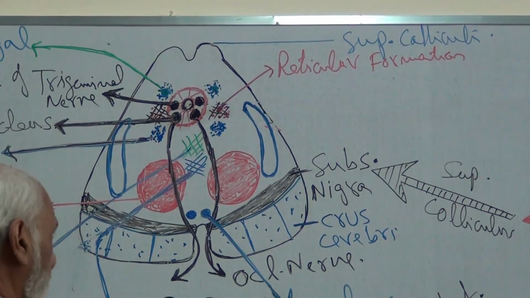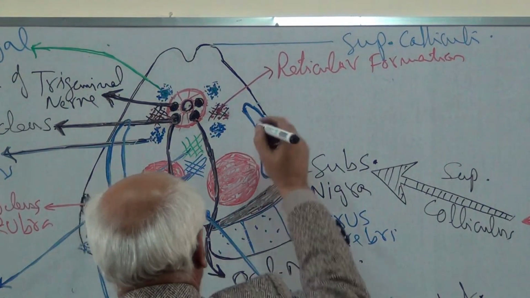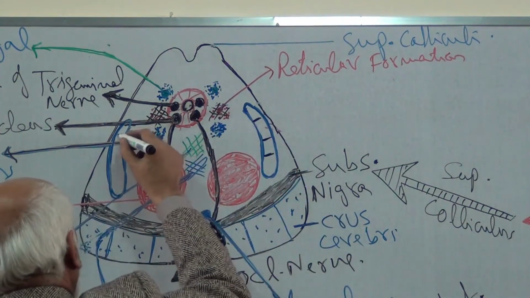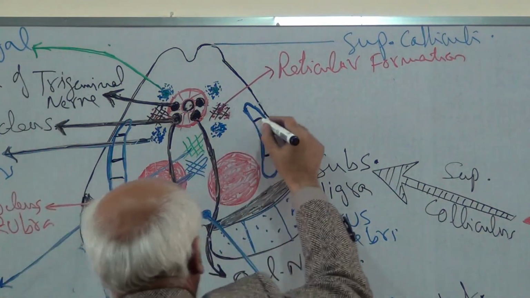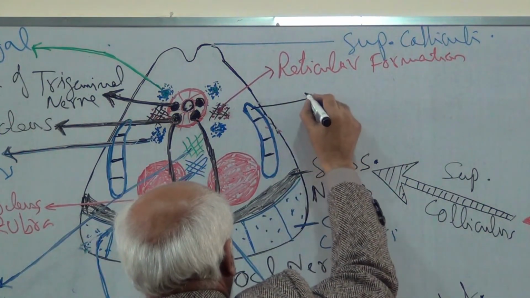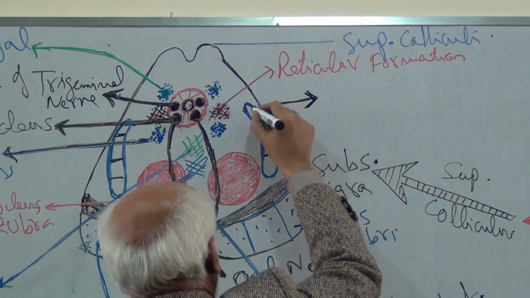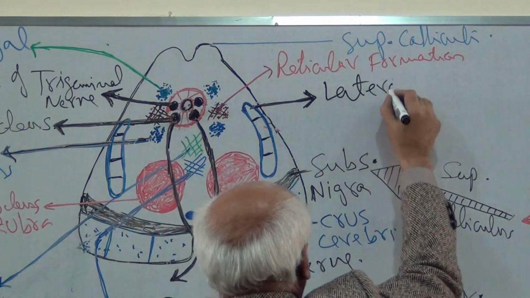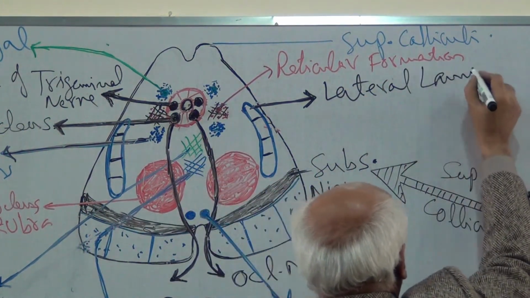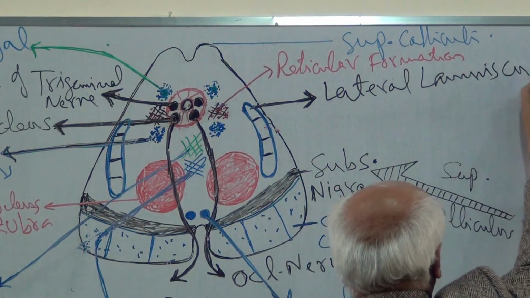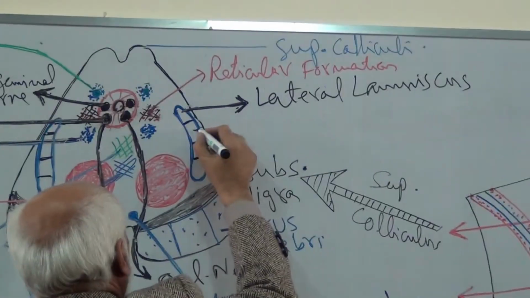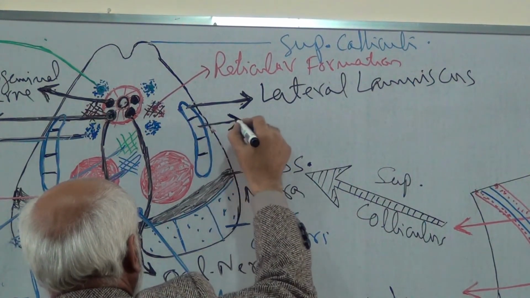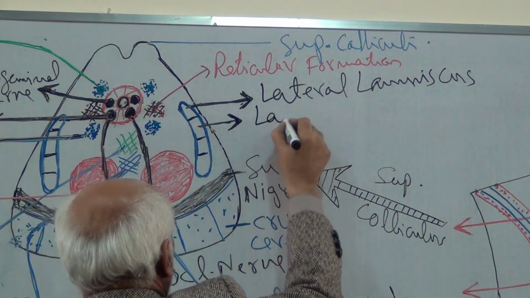Now what are these sensory tracts? The lateral most is known as the lateral lemniscus. Then next to it is the lateral spinothalamic tract.